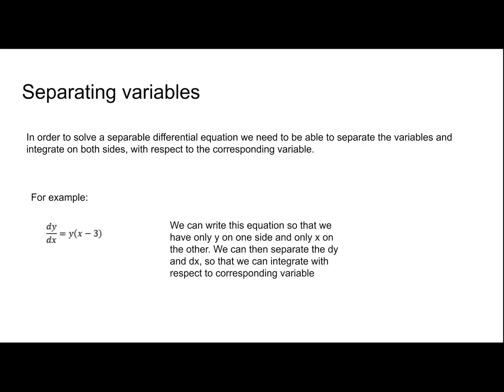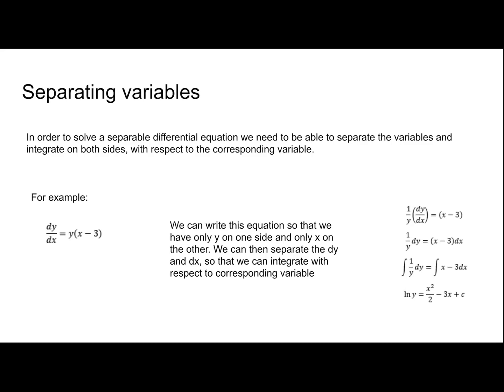So then we can split up the dy over dx and we can integrate the function of y with respect to y and the function of x with respect to x. In this case, we divide by y on both sides, so 1 over y times dy over dx equals x minus 3. We can then multiply both sides by dx and we'll get 1 over y dy equals (x minus 3) dx.